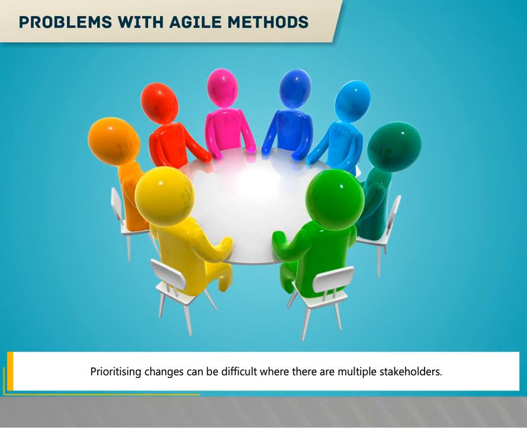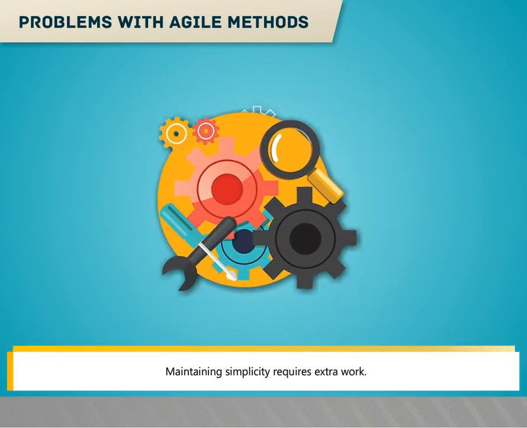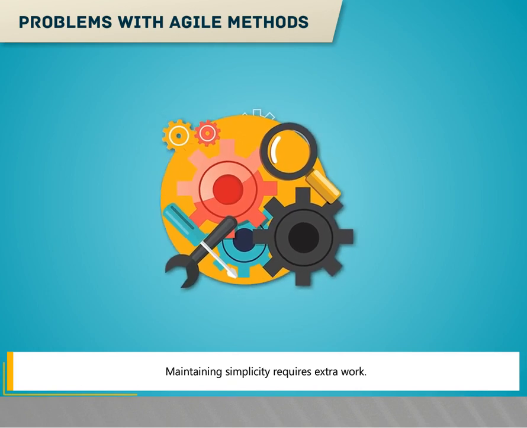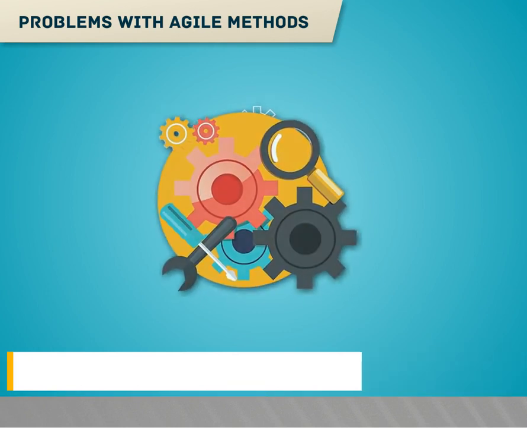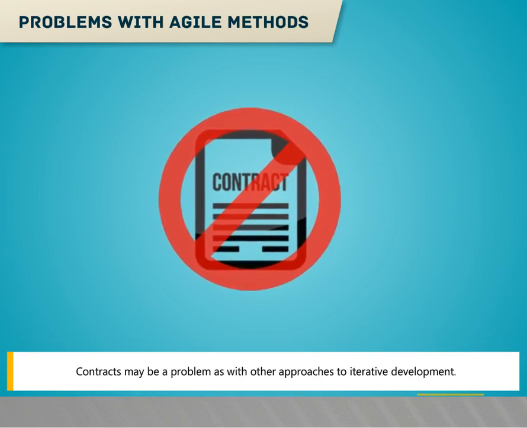Prioritizing changes can be difficult where there are multiple stakeholders. Maintaining simplicity requires extra work. Contracts may be a problem, as with other approaches to iterative development.